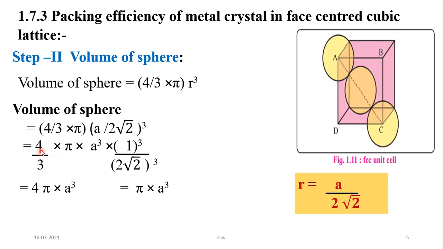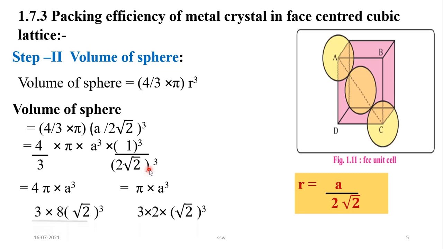See here, 4 by 3 into pi into a raised to 3, that is a cube, into, what happens here? a by 2 root 2 is there, so 1 upon 2 root 2, and the cube of 1 divided by the cube of 2 root 2.